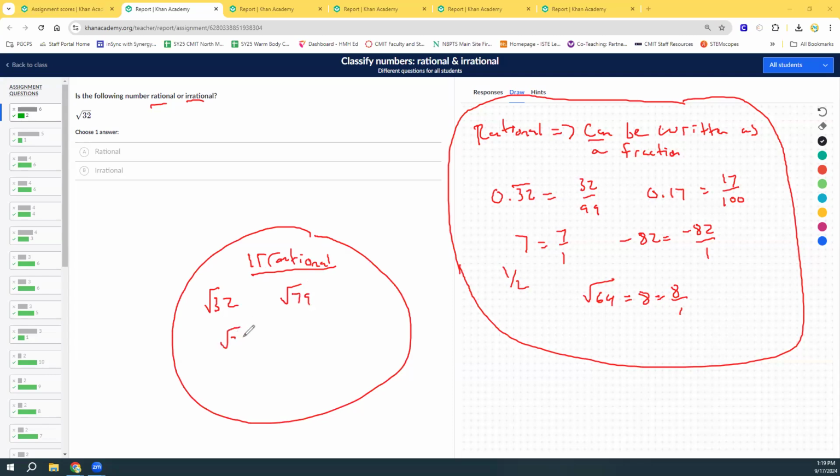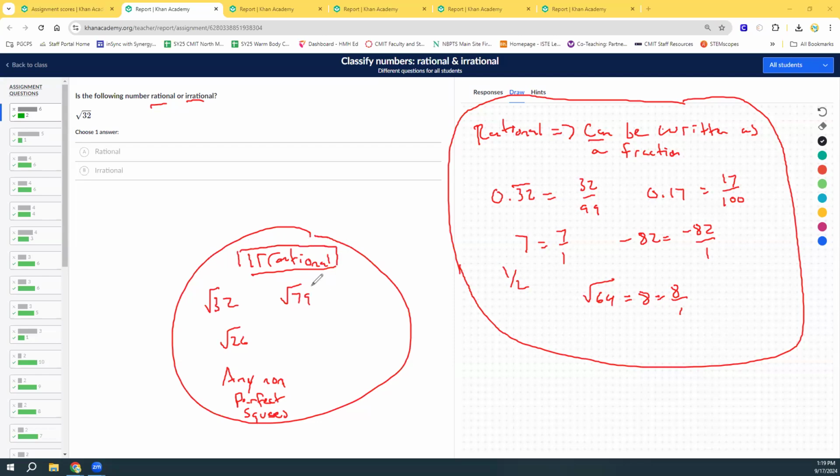Another one would be the square root of 26. And any non-perfect squares. So you remember that list that we made? And we were investigating what perfect squares are. Well, any non-perfect squares are in the irrational circle.